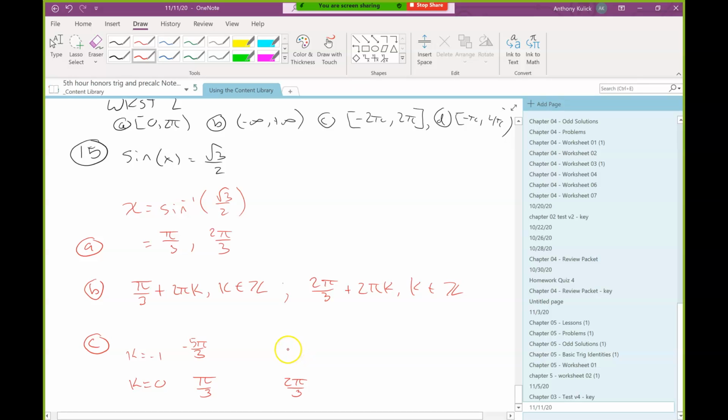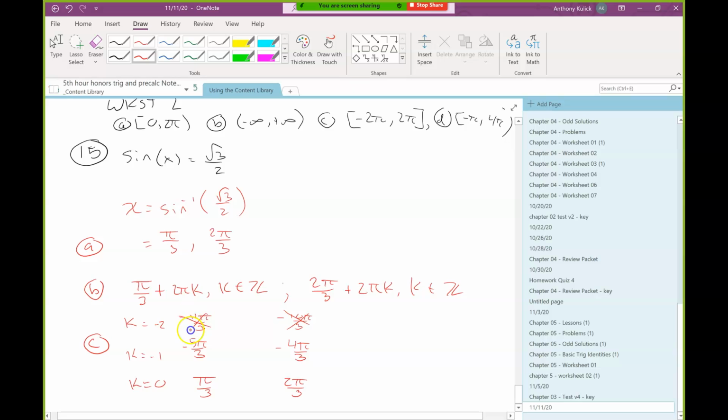And this one I'm going to get negative 4 pi over 3, which again is still bigger than negative 2 pi. If I try to do it again though, I'm going to get something too small, right? I'm going to get negative 11 pi over 3.